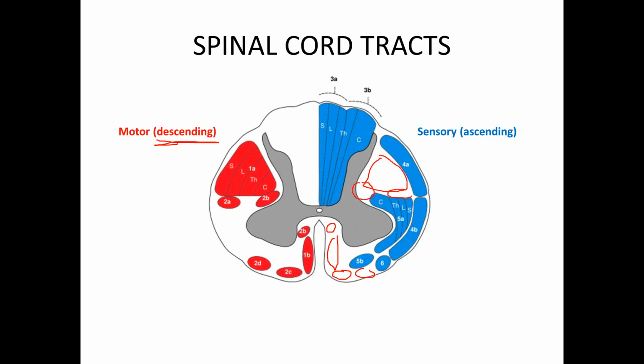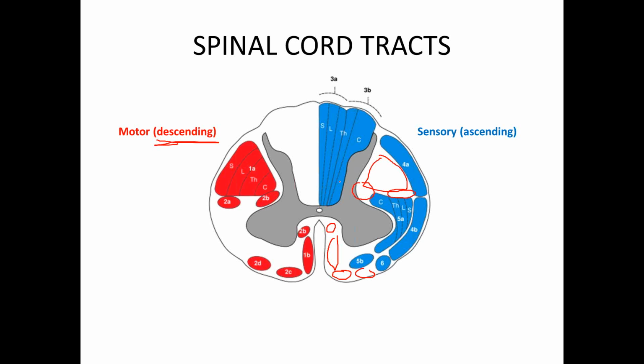So all of those nerve cells travel up and down in defined routes. The spinal cord is rather like a very big cable containing many, many different wires, each going to different parts of the body, coming from the brain, going to the brain.